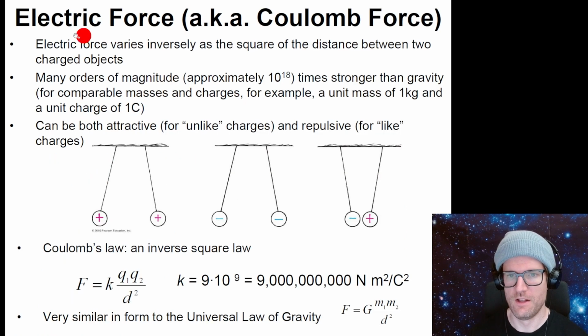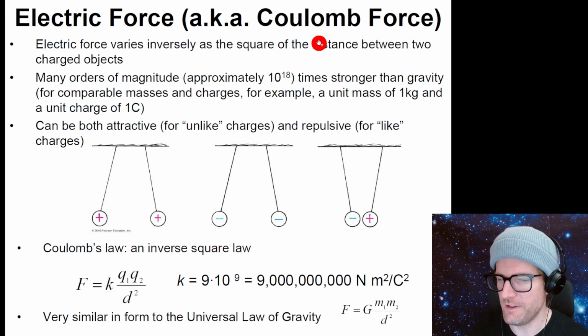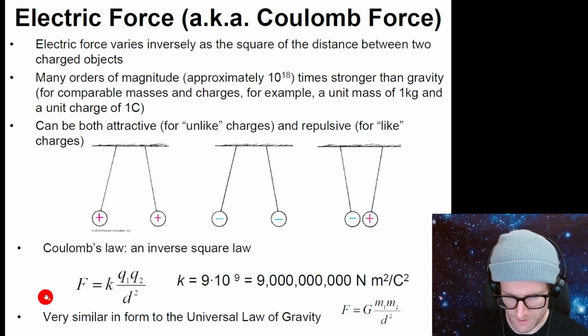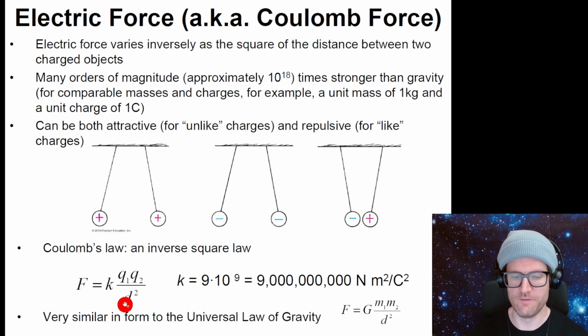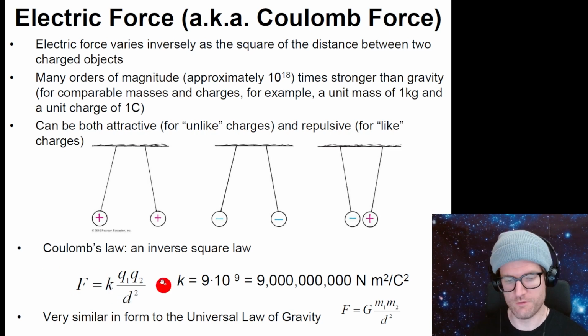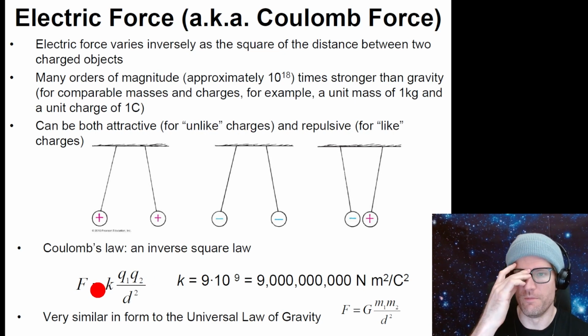Okay, let's talk about electric force, or the Coulomb force. It's very similar to the gravity force. If we look at the equation down here, the force on two charges, Q1 and Q2, separated by a distance d, is given by this formula. The constant is K here. Before it was big G, the gravitational constant.